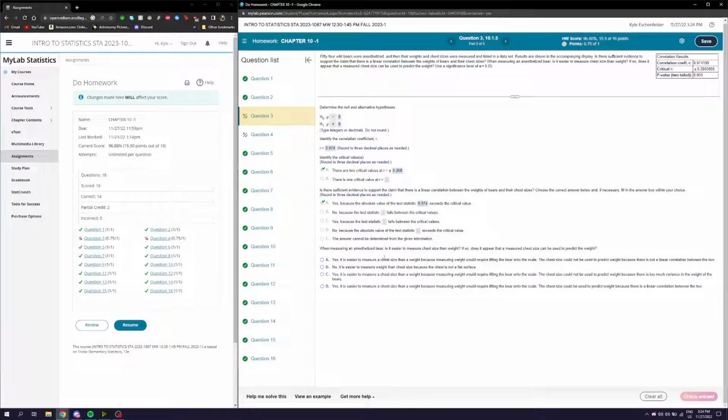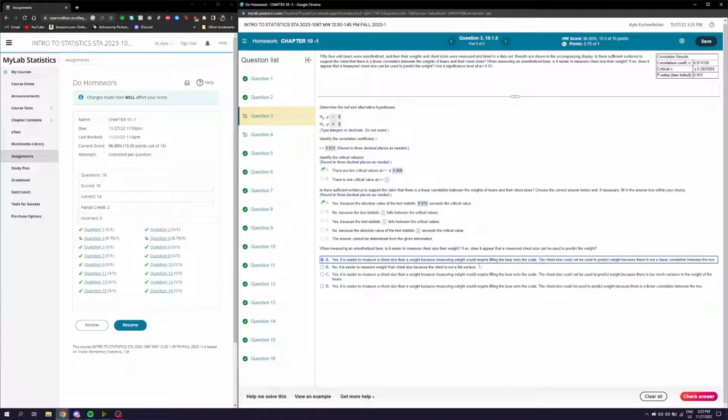And then question 5, just words, language. When measuring an anesthetized bear, is it easier to measure chest size than weight? It is, because measuring chest size is easier than lifting the bear onto the scale. And you can also just think of this literally: if you measure the size of a bear's chest, you're going to get generally what that bear weighs.